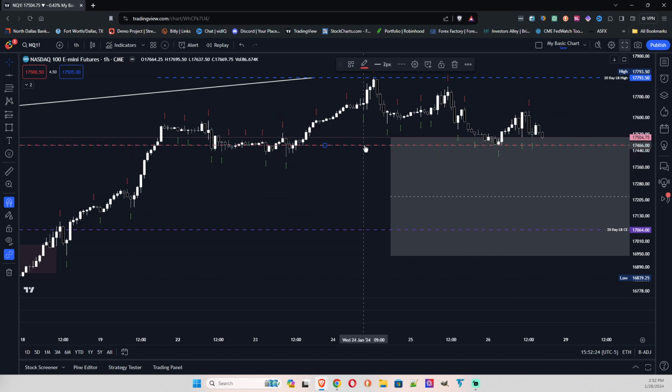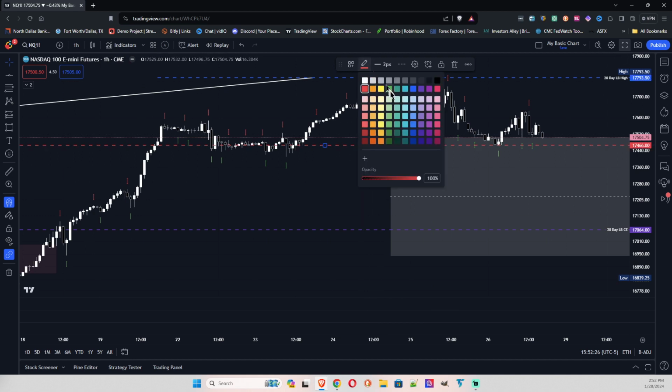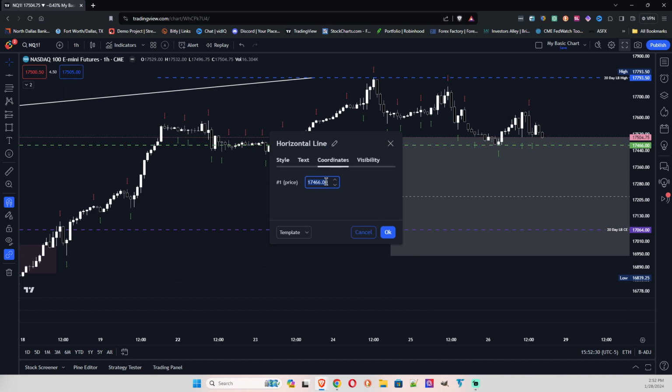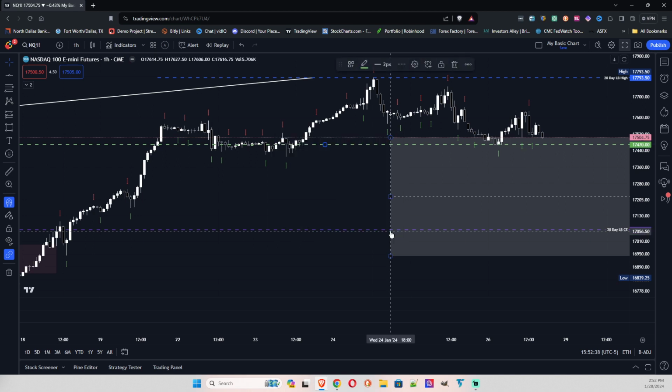I'm going to color it green since we're above it right now. I'm going to set this for 17,470 just because that's a nice psychological round even number. As you can see, we've bounced all around it and we've actually held there on Friday.